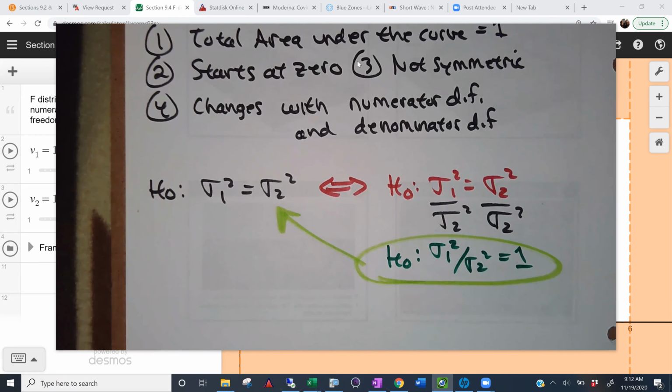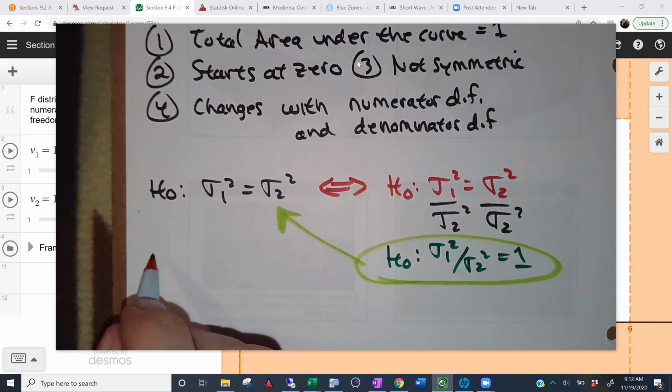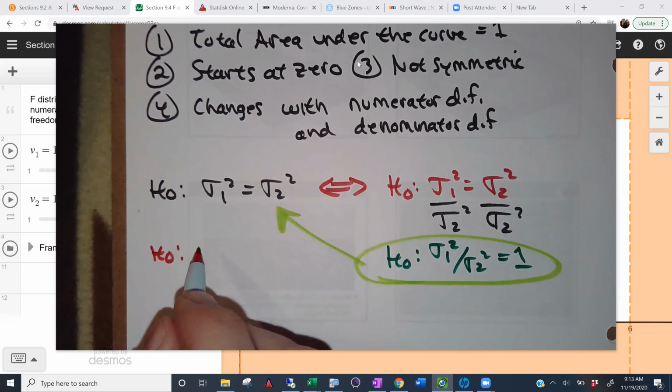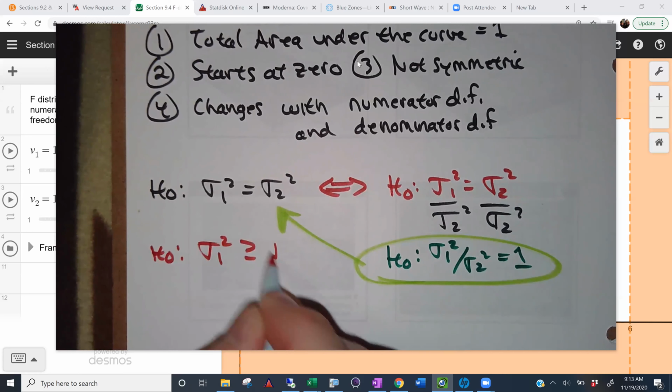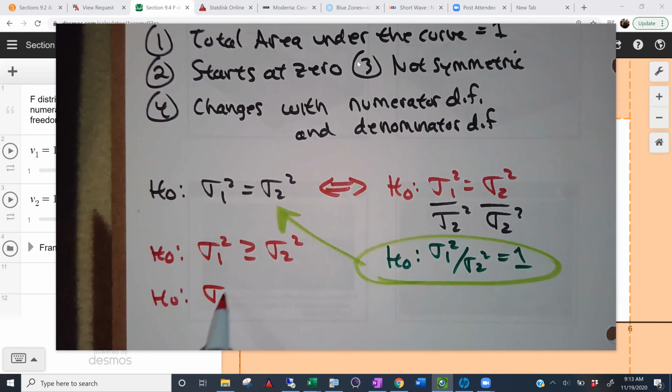Now, there's a couple other possibilities for us here, depending on the exact form of the null hypothesis. You could have, for instance, H naught such that sigma 1 squared is greater than or equal to sigma 2 squared. And if I divide both sides by sigma 2 squared again, I get sigma 1 squared over sigma 2 squared is greater than or equal to 1.